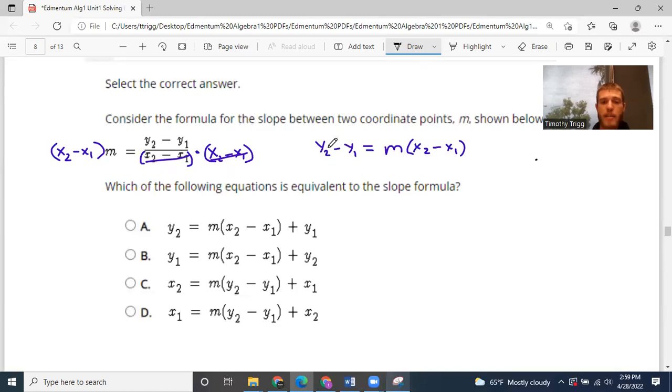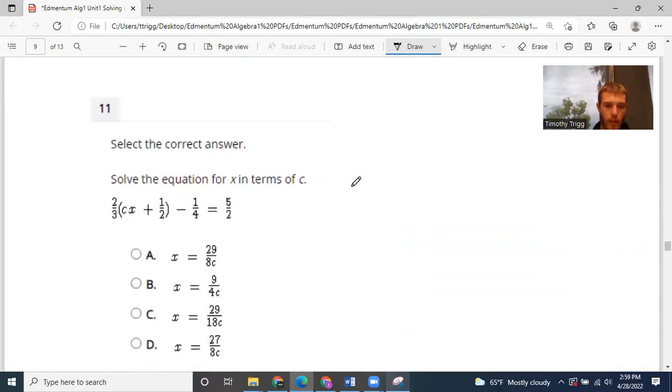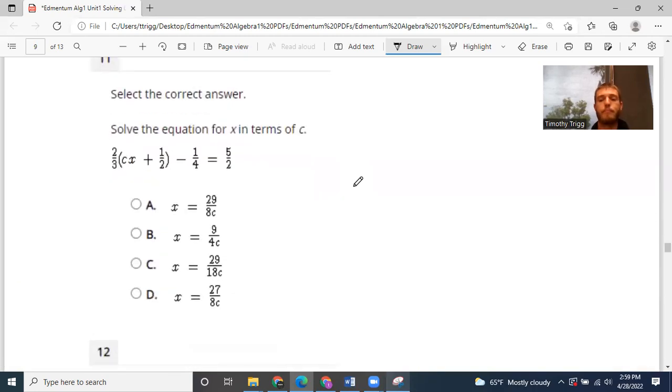Now, I'm going to get Y sub 2 by itself. So we're going to add Y sub 1, add Y sub 1. That gives me Y sub 2 by itself. And this is correct right here, isn't it? M times X sub 2 minus X sub 1 plus Y sub 1. That was a complicated one.